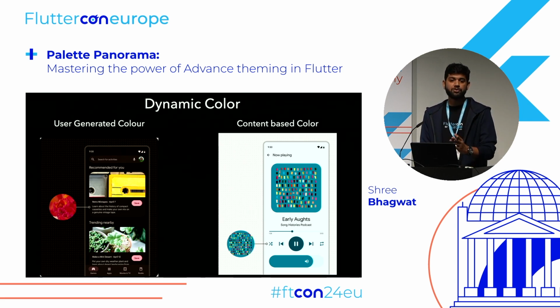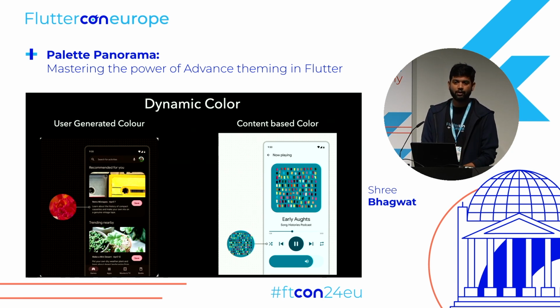Okay, but user generated means whatever is the wallpaper of your device. The application will have a color scheme based on the wallpaper of your device. So let's say if you have a red or a purple wallpaper, you will have a design with more purple or reddish color schemes.